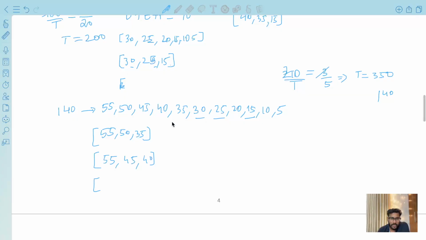Then no, not possible. Then 50 and 45, 95; 90, 50; 45, 95; 100; 105.